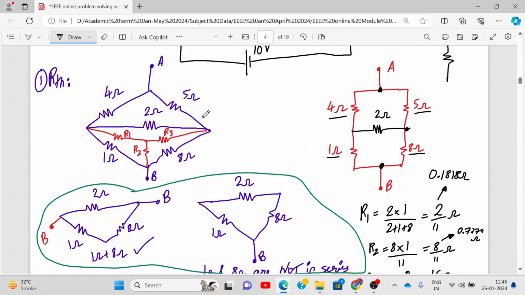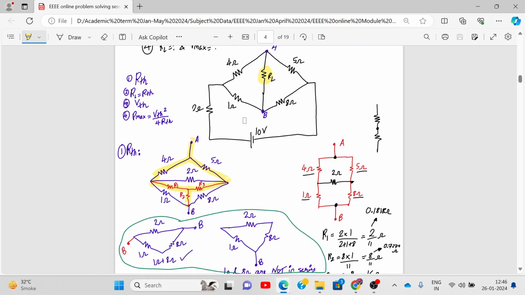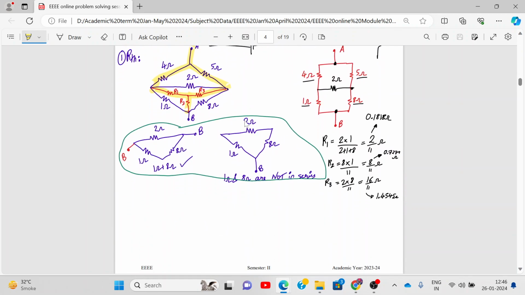Now, redraw the network only with this, this, and the red one. Do not touch the blue one at all. We replace this. It's a star delta conversion, right? For my reference, I am redrawing it over here.